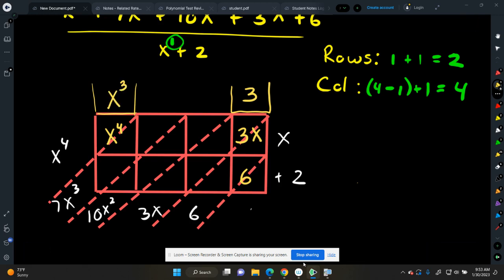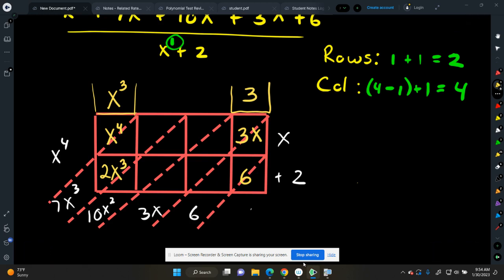Because x to the third times x equals x to the fourth, right? We have to figure out what we multiply this x by to make it an x to the fourth. Okay, now we can fill more in. Now we've got x to the third times 2, and that gives me 2x to the third.